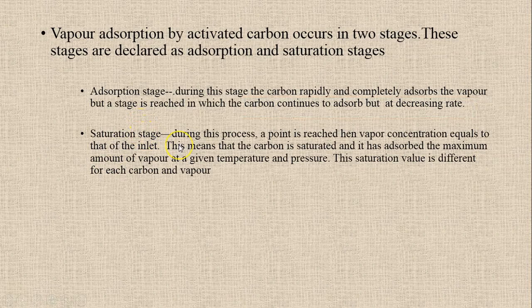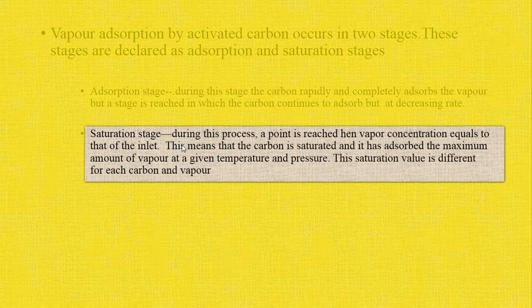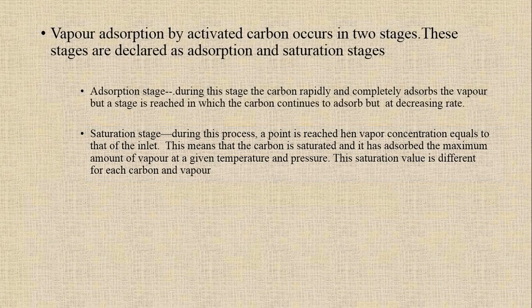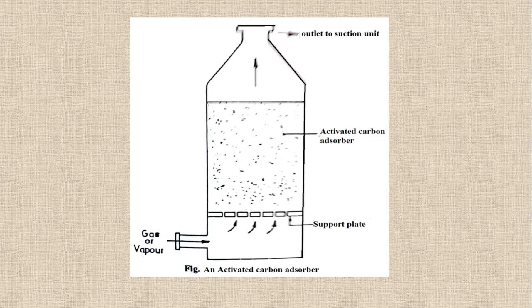That is the saturation stage. During this process, a point is reached when the vapor concentration equals that of the inlet. This means that the carbon is saturated and it has adsorbed the maximum amount of vapor at a given temperature and pressure. This saturation value is different for each carbon and vapor.